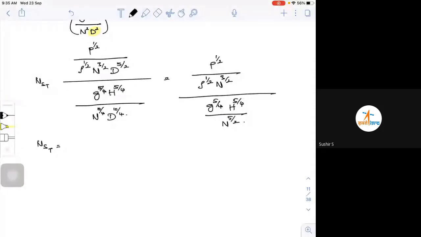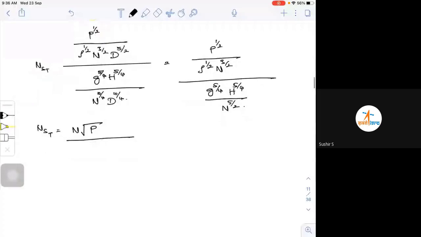Then in the numerator, P to the power of half I can write as root P, divided by rho, and gH. That is the square root of P by rho.